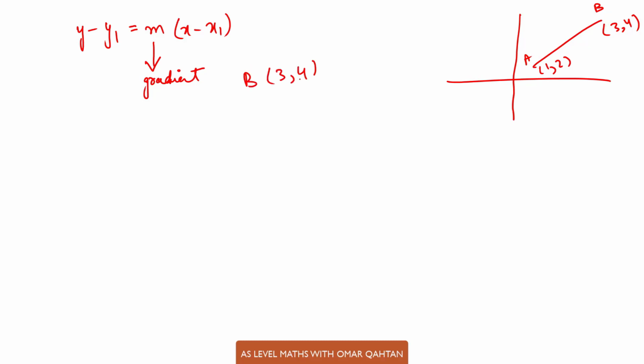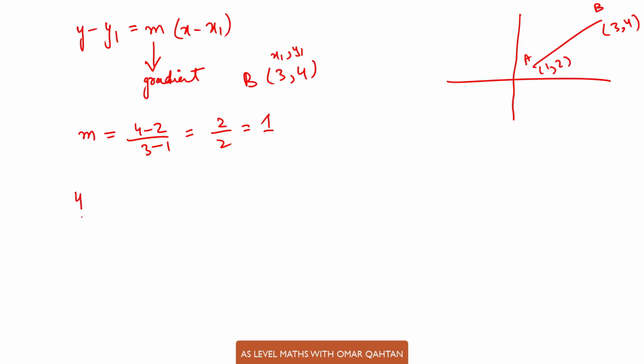It doesn't matter, you could use any of the points. So this will be my x1, y1. I will just substitute these values in it. The gradient I know already: 4 minus 2 upon 3 minus 1, which is 2 upon 2 equals 1.